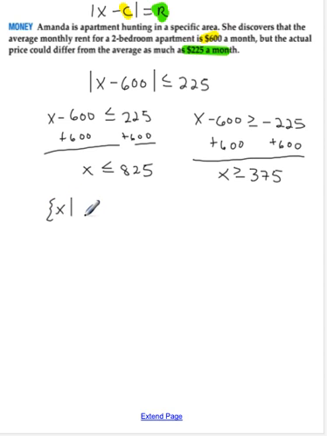I could say there exists an x such that x is greater than or equal to 375 and less than or equal to 825. Or in my interval notation, I've got a bracket inclusive starting at 375 and another inclusive ending at 825.